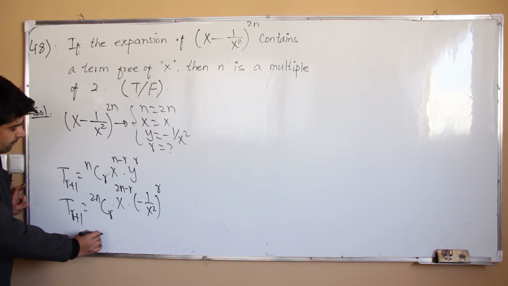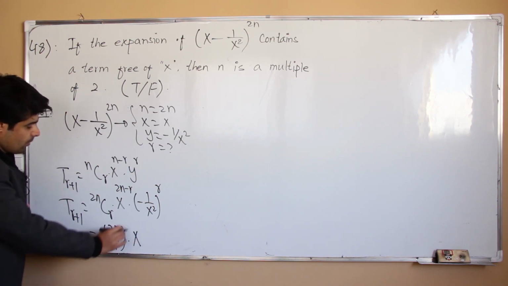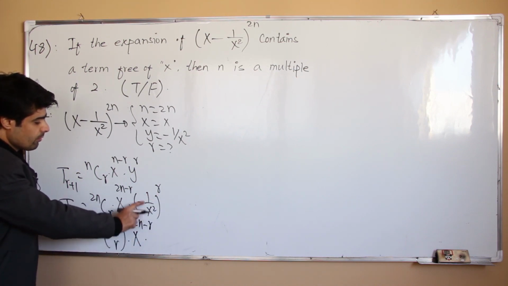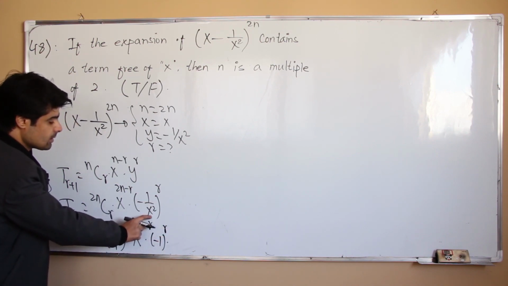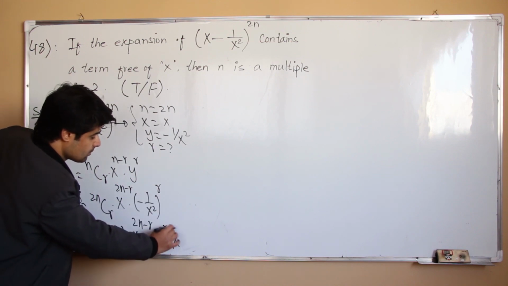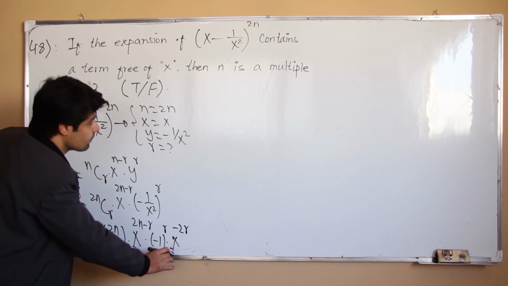Now if you simplify this one, it is 2nCr x to the power 2n minus r. This r belongs to both of them, I mean minus 1 raised to the power r, and this x, if we put in the numerator, it's x to the power minus 2r. Am I right? Yes. The bases are same.